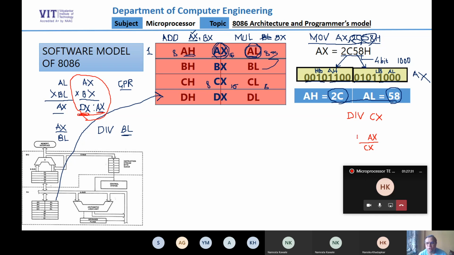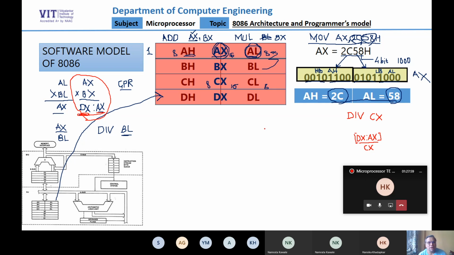So what the 8086 processor does, the contents of DX combined along with contents of AX, together will be considered as a numerator by default, and this will form 32-bit contents. These 32-bit contents will be divided by the 16-bit CX register. This is allowed, but I cannot divide 16-bit AX by 16-bit CX.